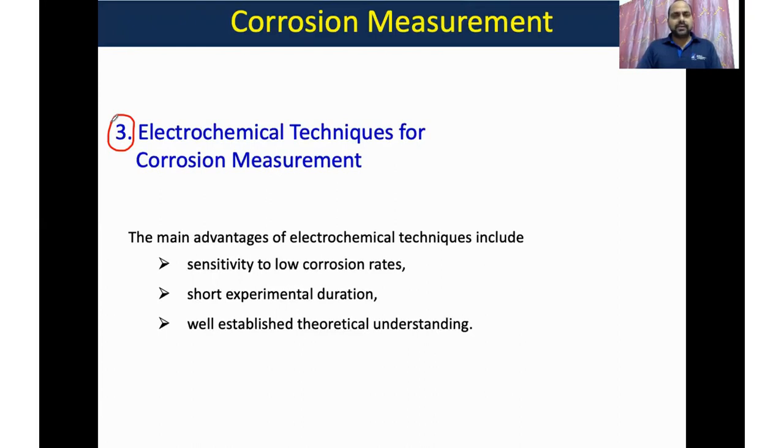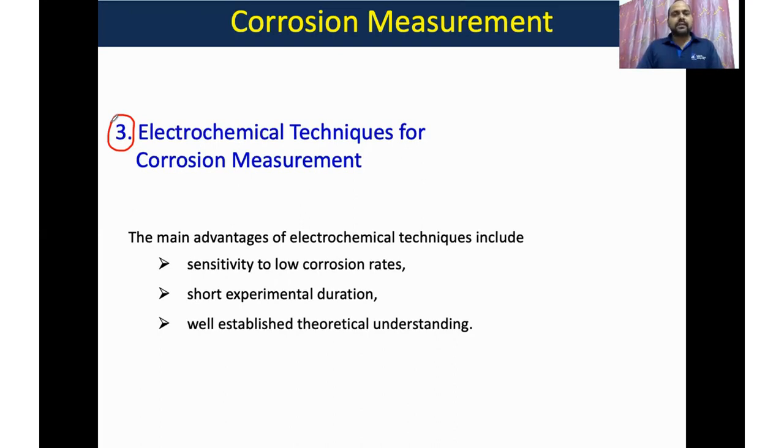So either by using a microscopic technique or by using a spectroscopic technique, we can analyze the changes that happen at the surface due to the corrosion, or we can also analyze the corrosion product, right?